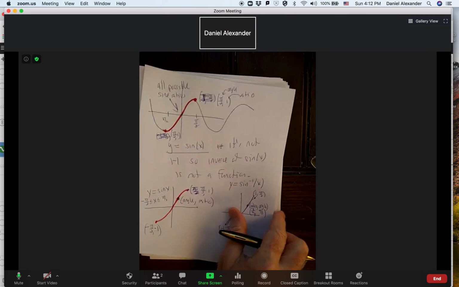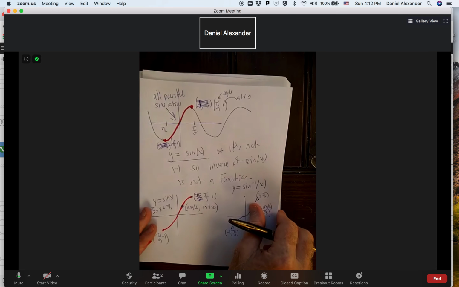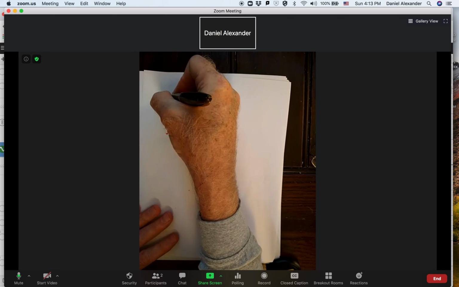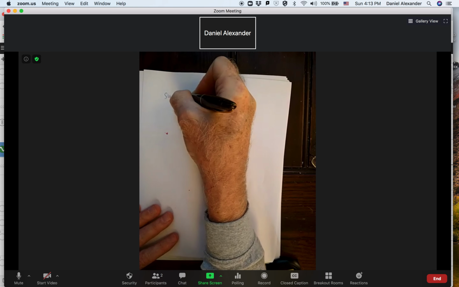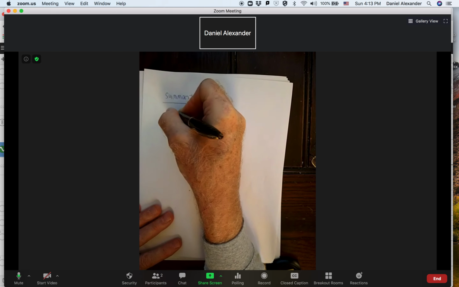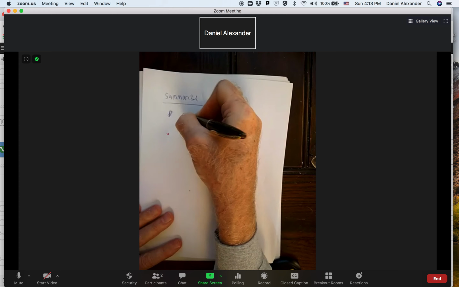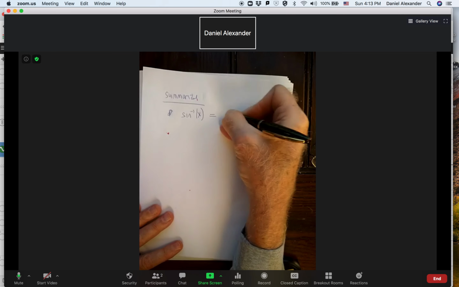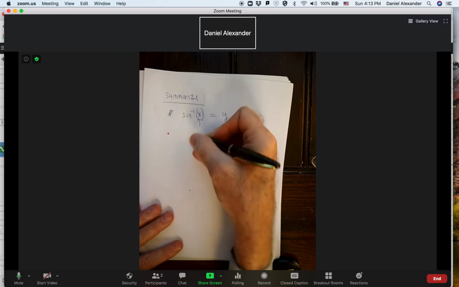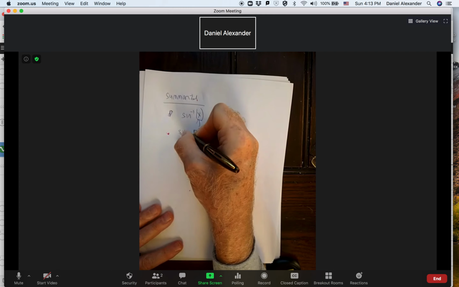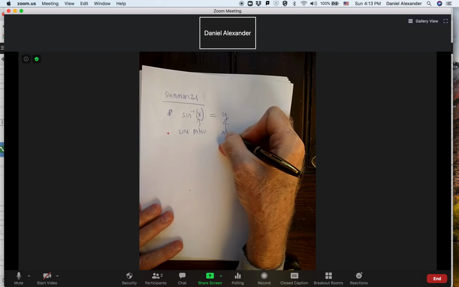Okay, so we're going to do the same thing for the sine, cosine and tangent. So just to summarize for the sine, when we look at the sine inverse of x, that's going to give us a number y. That's going to be the angle that goes with it, and x is going to be a sine ratio.